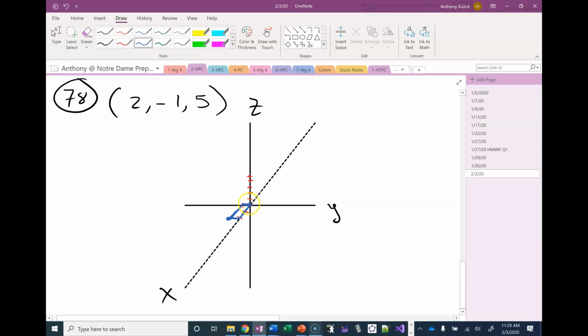All right. So now I'm going to go up here and do the same thing. And that's going to make the top of my box. And then I'm going to go this much down and this much down to make my other two. So the point that I actually care about is that one there.